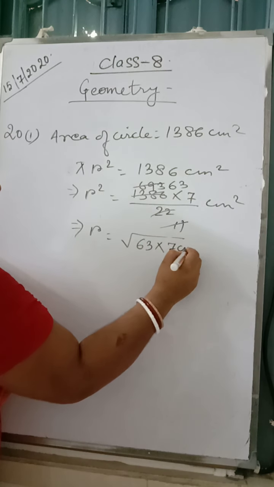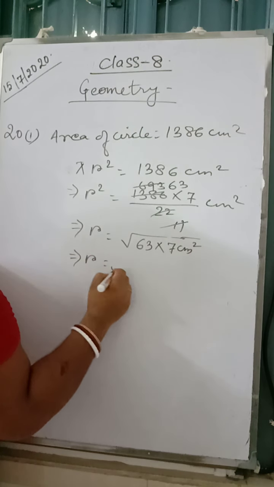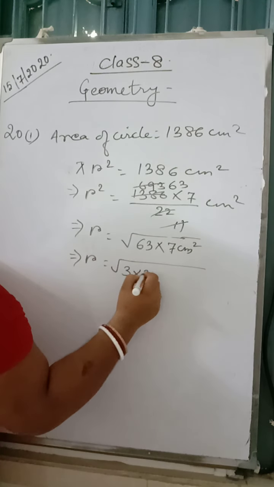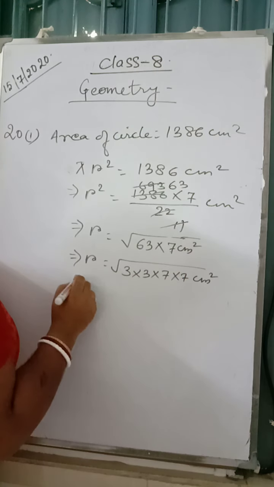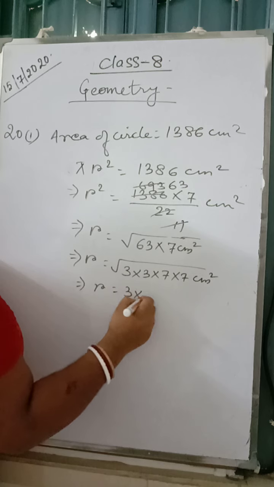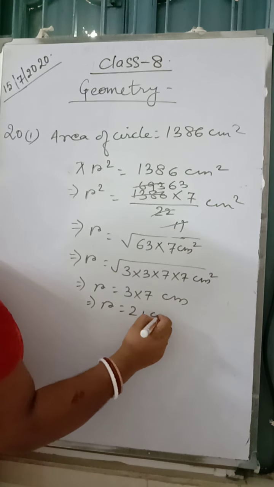I have not multiplied; the same way you should not also. So r is equal to, 63 can be written as 3 into 3 into 7 into 7 centimeter square, or r is equal to 3 into 7 centimeter. R is equal to 21 centimeter.